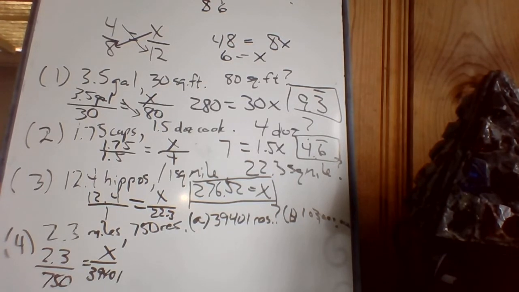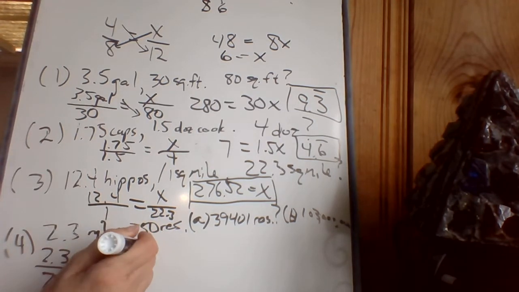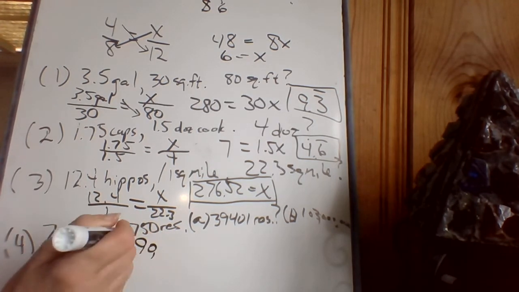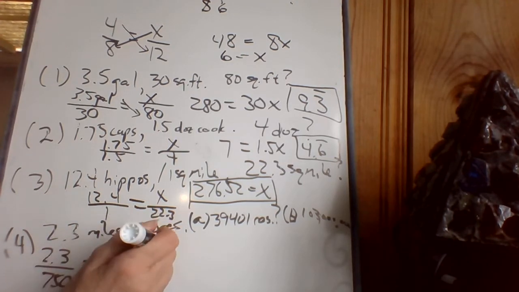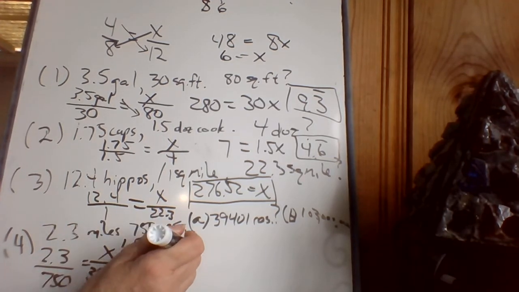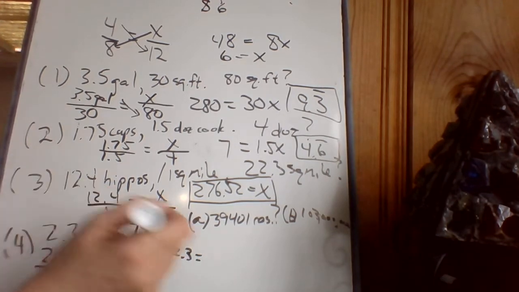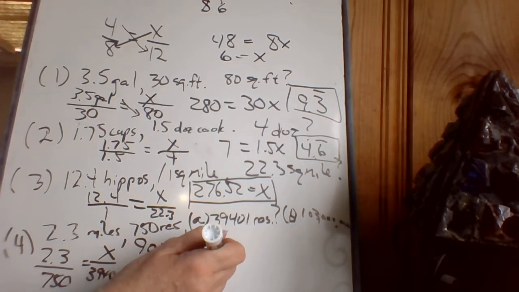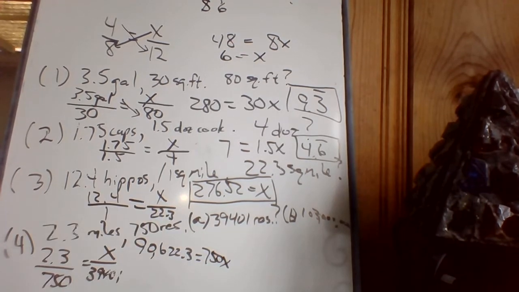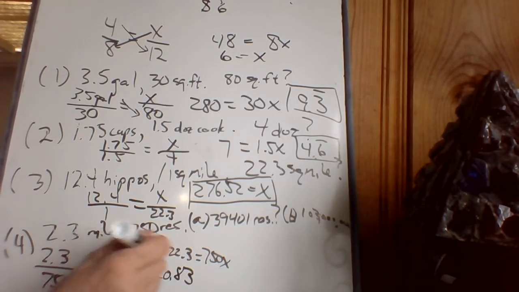Okay, so 2.3 times 39,401 is 90,622.3. And that matches up with 750x. So divide by the 750, that's 120.83 miles of cable.